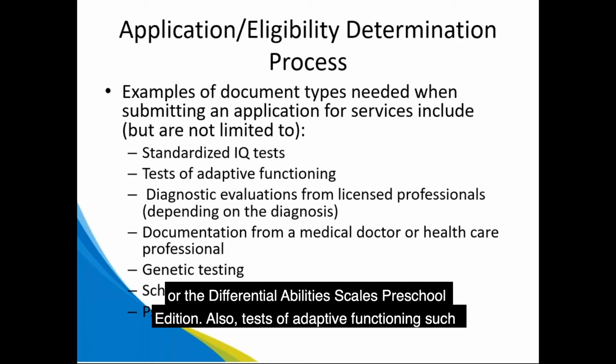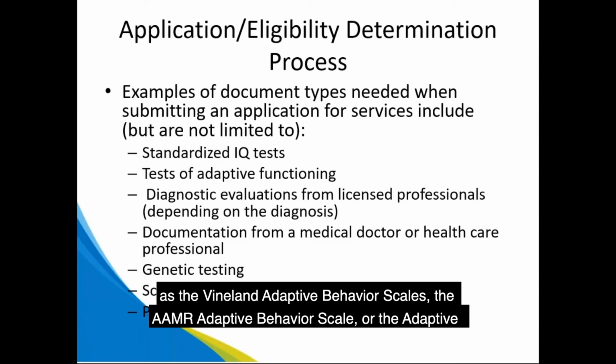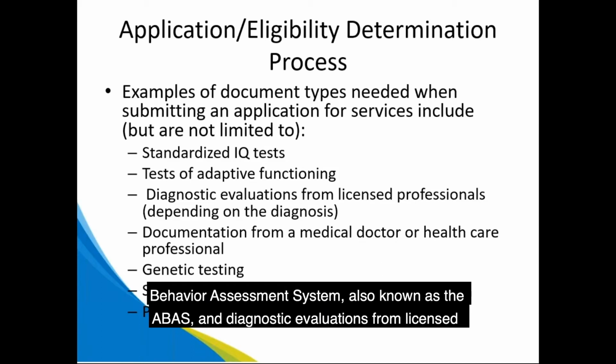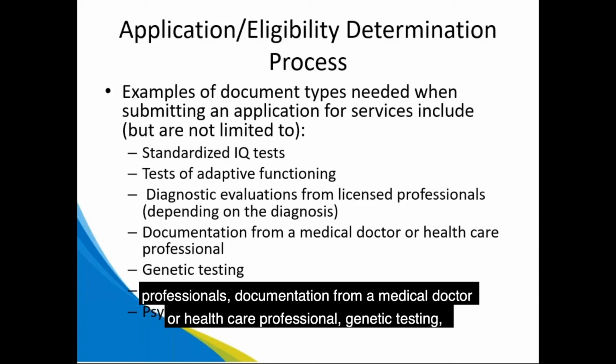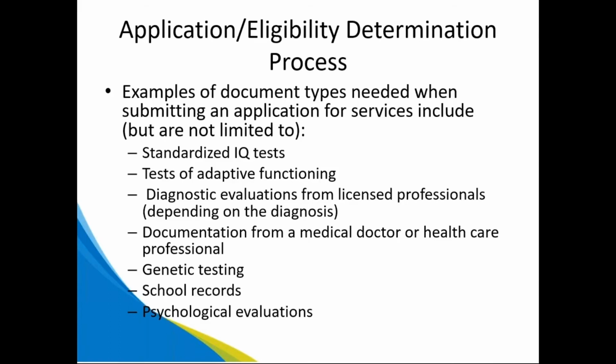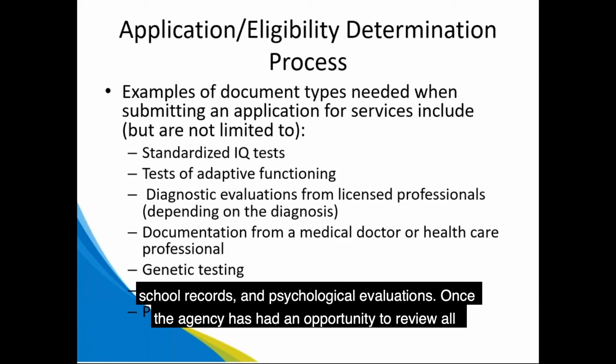Also, tests of adaptive functioning, such as the Vineland Adaptive Behavior Scales, the AAMR Adaptive Behavior Scale, or the Adaptive Behavior Assessment System, also known as the ABAS, and diagnostic evaluations from licensed professionals, documentation from a medical doctor or healthcare professional, genetic testing, school records, and psychological evaluations.